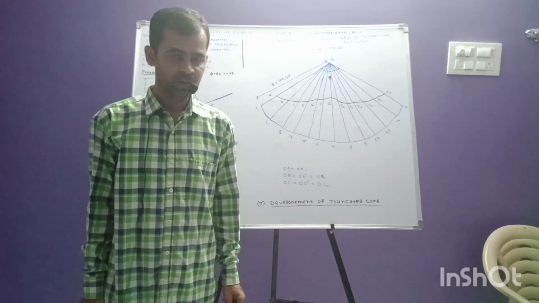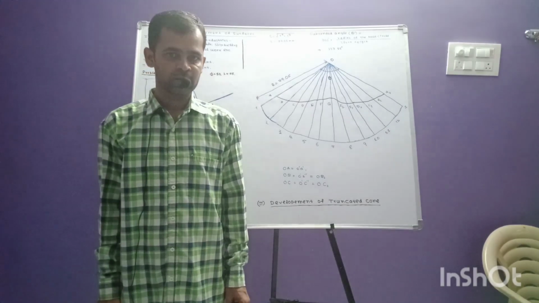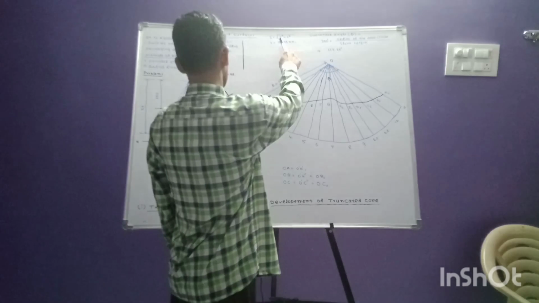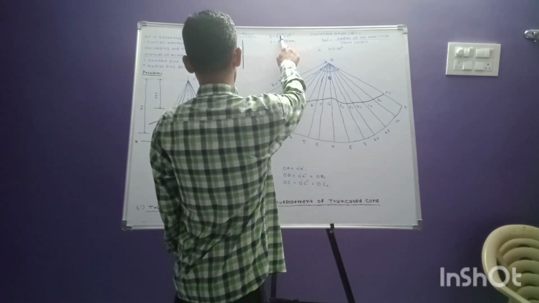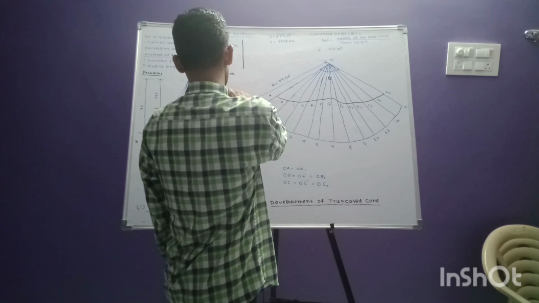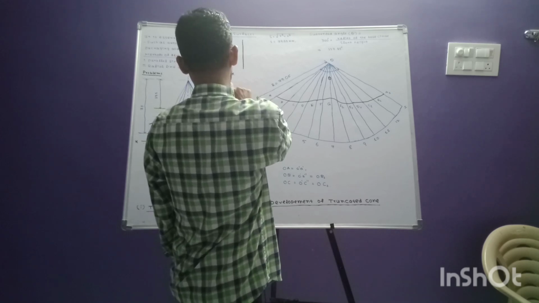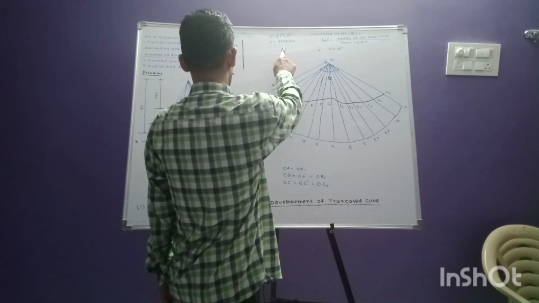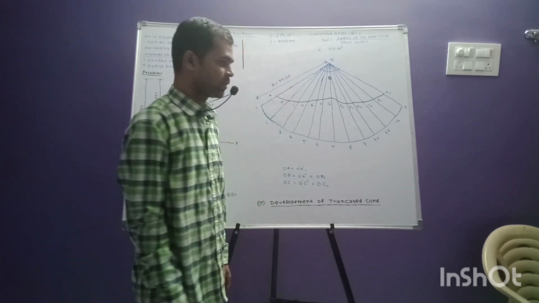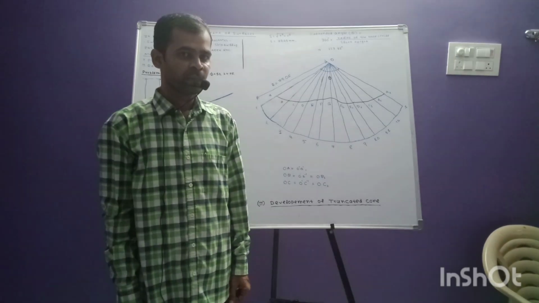In this problem, the slant height we have to find by the formula under root r square plus h square, where this is the radius and this is the height. With the values we have taken, diameter 50 and height 75, we have got 79.05.